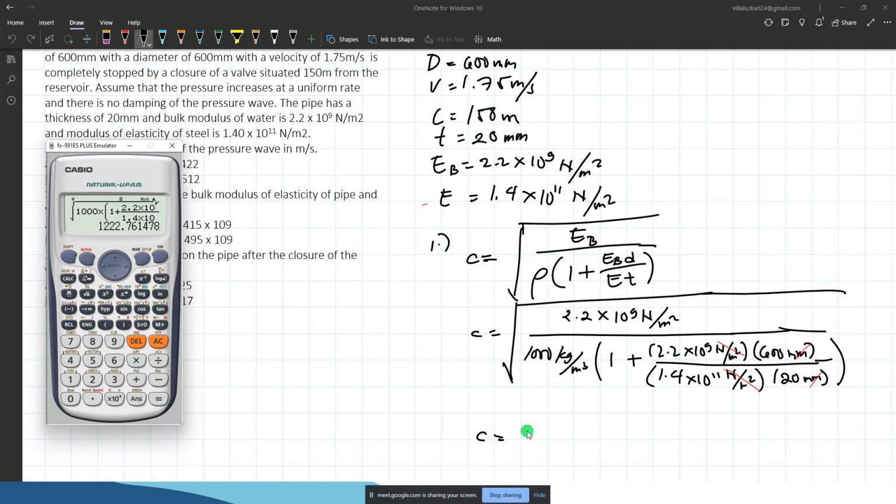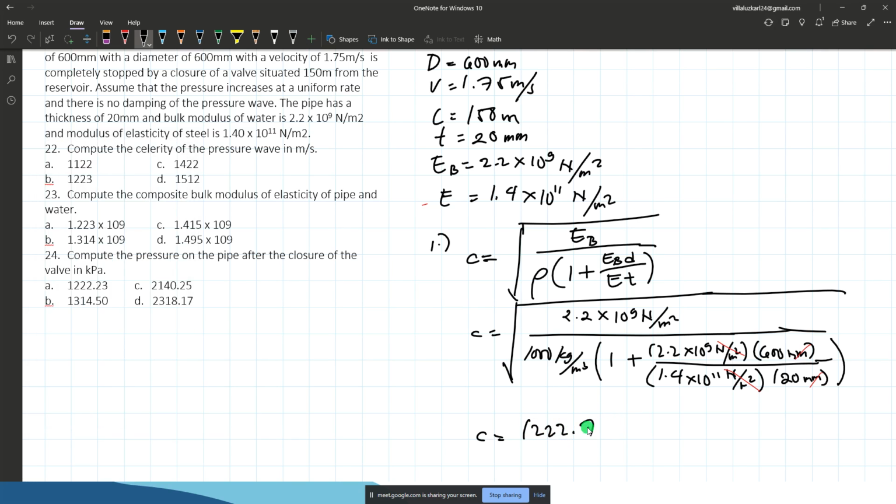The answer for the celerity is 1222.761 meter per second, or about 1223. Letter B.